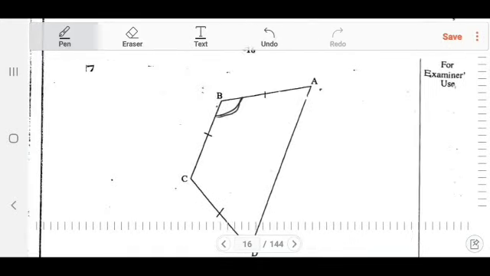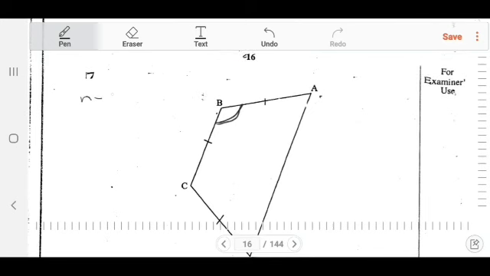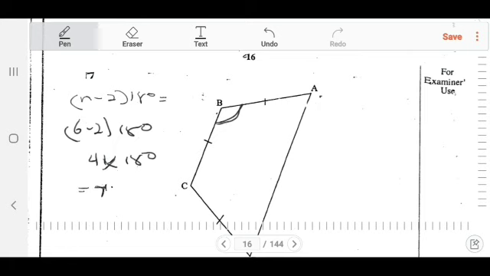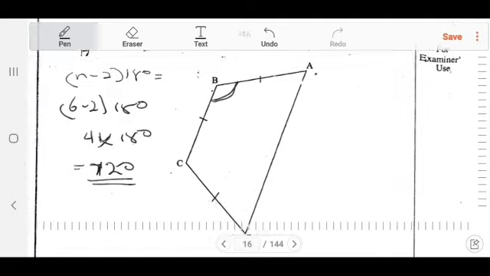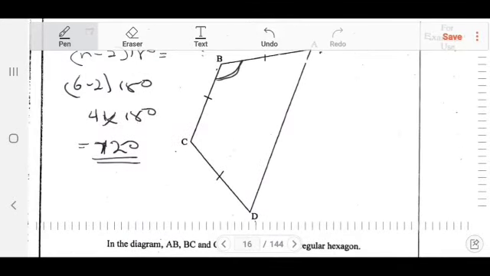Since this is a regular hexagon, it simply means n minus 2 times 180. So our n is 6, minus 2, times 180, which gives us 4 times 180, which equals 720. So we have 720, which is the total.